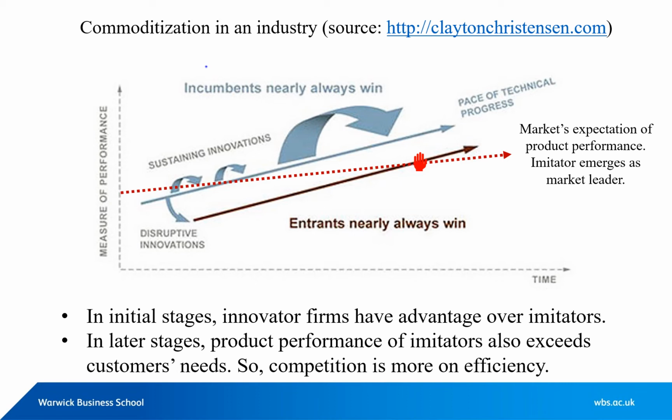As both technology leaders and imitators develop the technology over time, their products meet customers' expectations. When an imitator's products meet market's expectations or consumers' expectations, it emerges as the market leader, lowering innovators' advantage in the industry and its incentives to further differentiate its products. Then competition is based primarily on efficiency and prices.